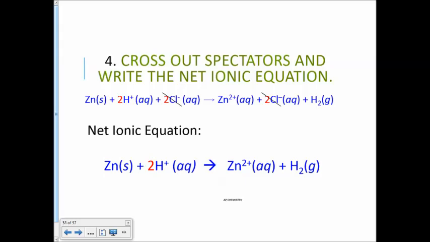Yes? Because it's in its solid elemental form, yeah. And then it goes into solution. So basically what you see is the zinc dissolving and then the bubbling of the hydrogen out.